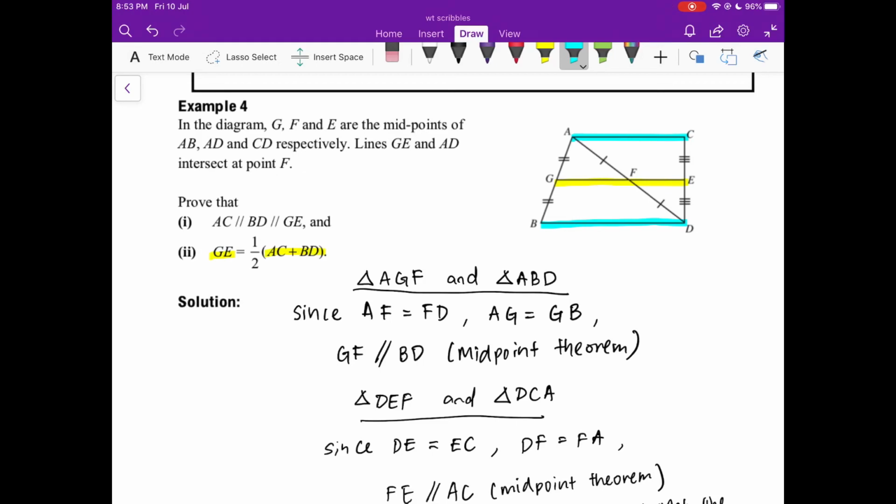First, we need to make use of GF. Note that GF is half the length of BD using the midpoint theorem. Same thing, using the midpoint theorem, we know that EF is half the length of AC.